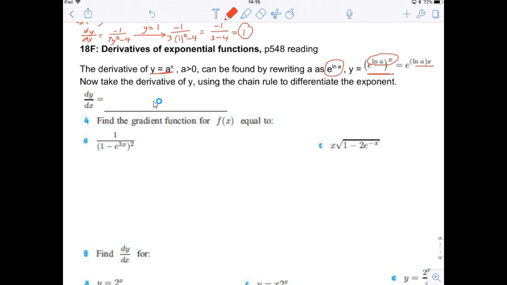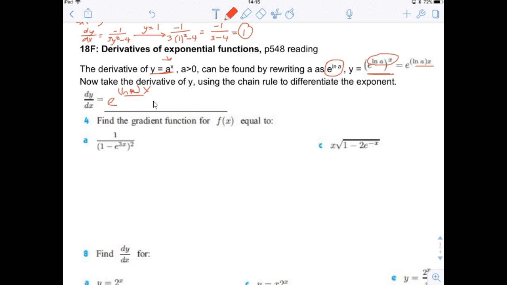And now we're going to take the derivative, because we do know how to take the derivative of e to the x, whereas we did not really know how to take the derivative of a to the x, right? So the rule to take the derivative of e to the x is e. You just rewrite the function as it is written, right? Which is like that. And then you do the power rule of what's in the exponent.